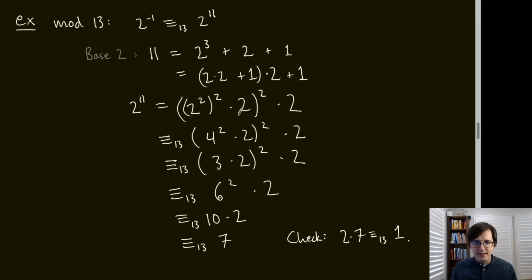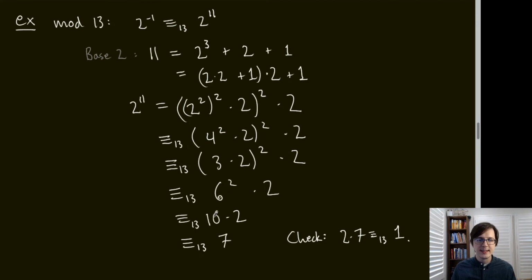Okay, so let's run through how this helps us. So 2 squared is 4. 4 squared is 16, which is 3 mod 13. 3 times 2 is 6. 6 squared, that's 36, which is 2 times 13 plus 10.